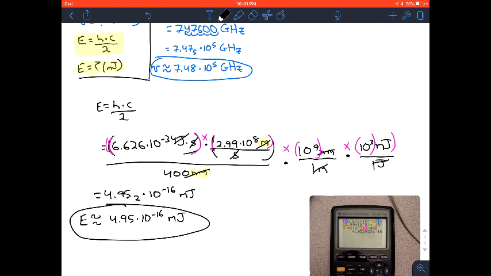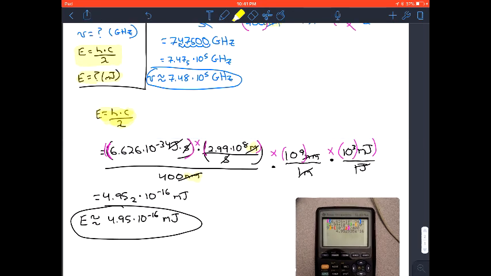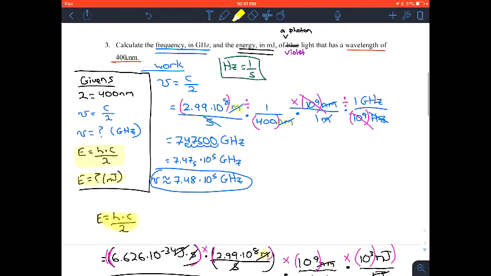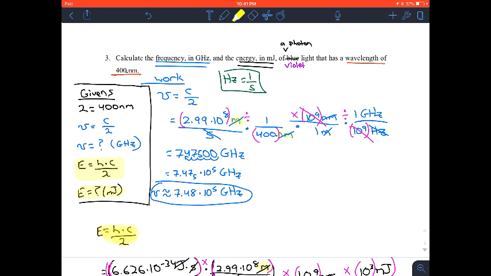So we have the calculation for energy down here. We made a simple substitution with nu based off what we were given. And then we solve for energy. And then up top, we had to solve for frequency. You can see the work there.